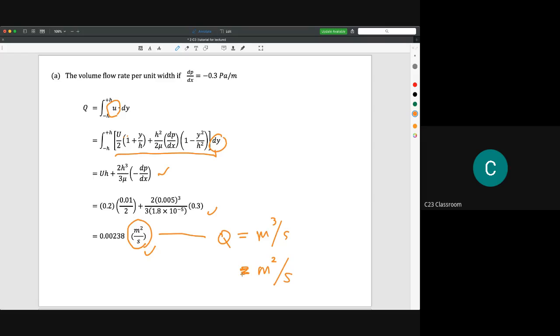So here the equation will remain as dp/dx, but please understand that the term dp/dx means the gradient or the changes of pressure along the axis.